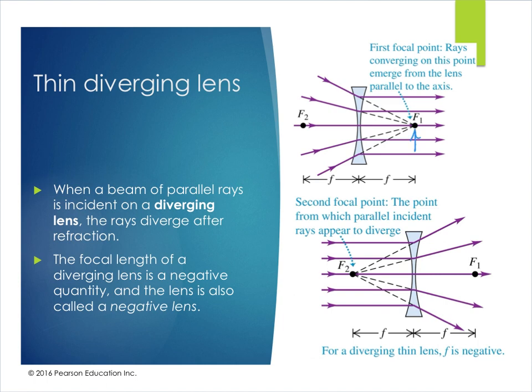Once they get to the lens, we allow them to be refracted or bent, and then they end up going parallel. That's analogous to the picture we saw with the converging lens, but different because the lens is acting on the light rays differently. The bottom picture is more what we introduced when we introduced the focal length and the focal point of the lens. Again, just to remember, diverging lenses have negative focal lengths.